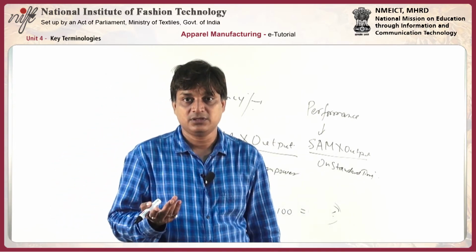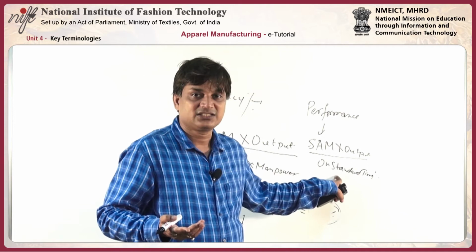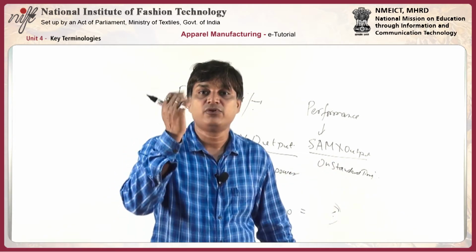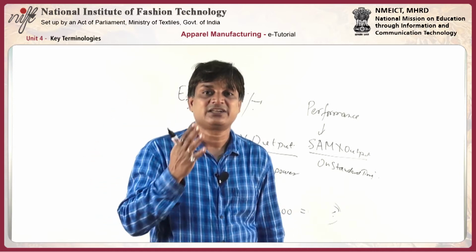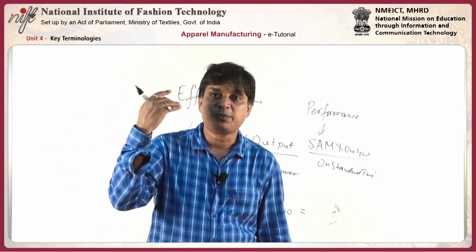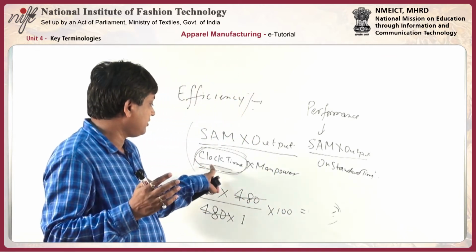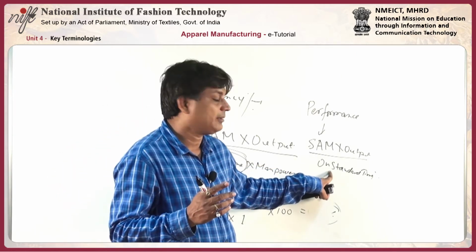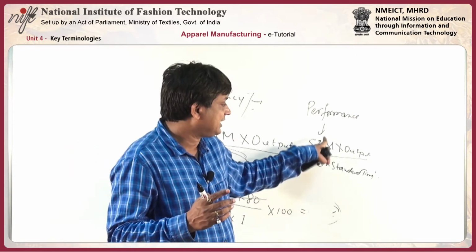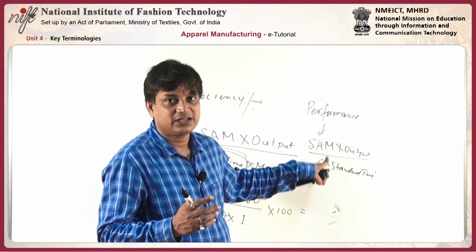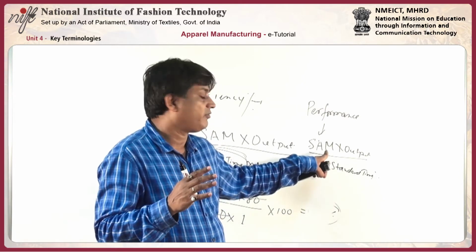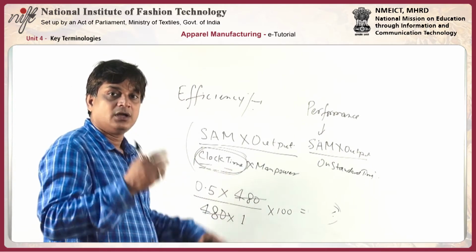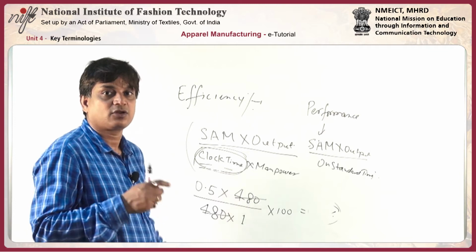That is possible, because out of 8 hours, sometimes the on standard time is only 4 hours. 4 hours was off standard time, where there is no power. Suppose no power was there for 4 hours. But here we divide with the clock time of 8 hours, and we have the on standard time as 4 hours only. The target here is made based on the 8 hours of clock time.